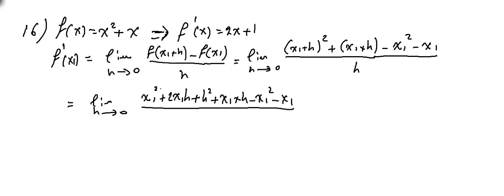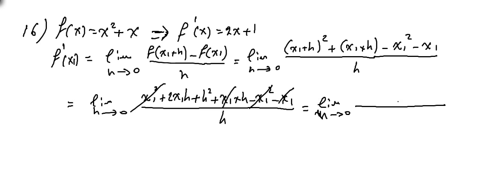Let's see what we have here. This minus this cancel. Also x1 cancels. It's over h. Let's take h common. The limit as h approaches 0 of h is in common to 2x1 plus h plus 1.